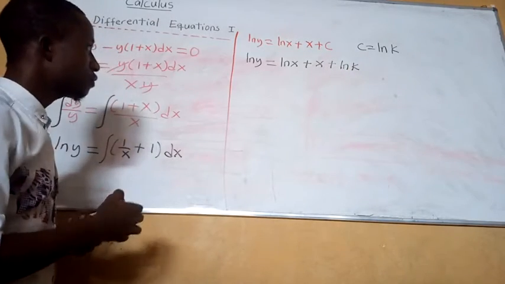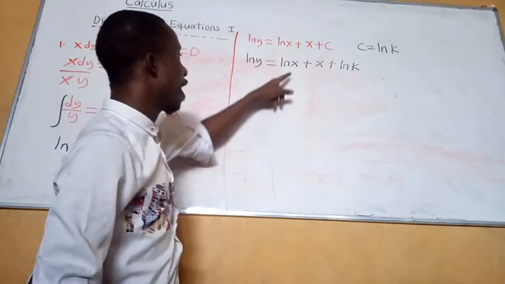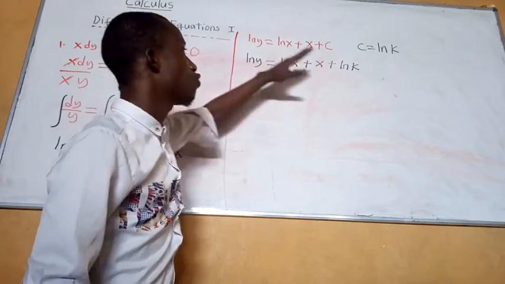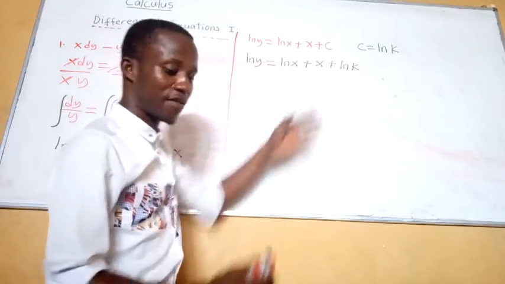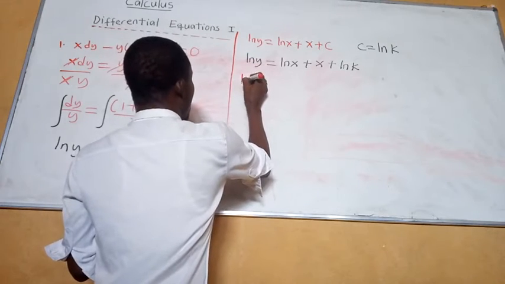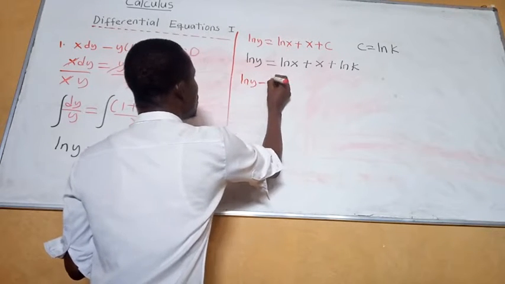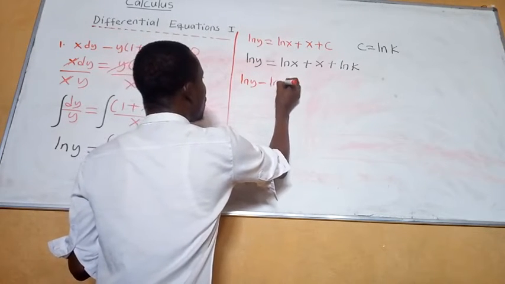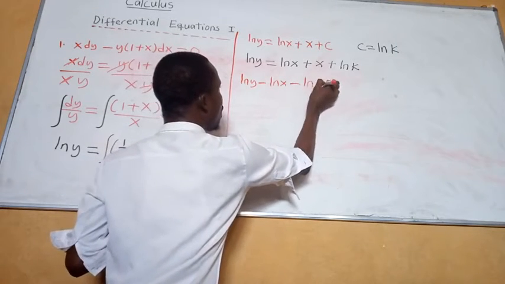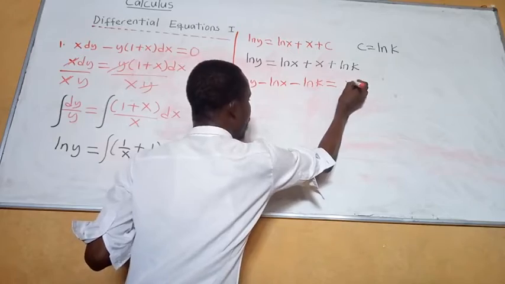Now we can send ln of x and ln of k across the equal sign and we are only left with x on the other side. So we have ln of y minus ln of x minus ln of k equal to x.